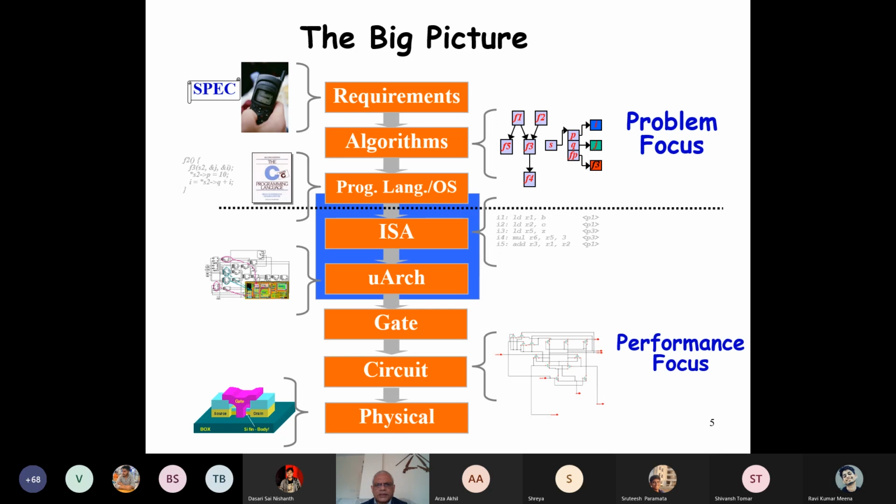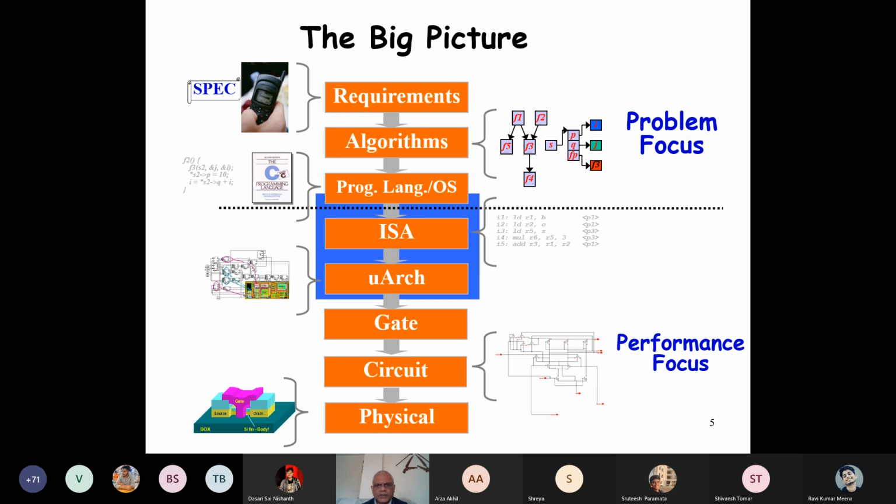The instruction set architecture is the starting point based on which the compilers etc. are written, and the requirements based on that the algorithms are written, and then these are translated to specific programming language like C, and the focus here is the problem, how to solve the problem.